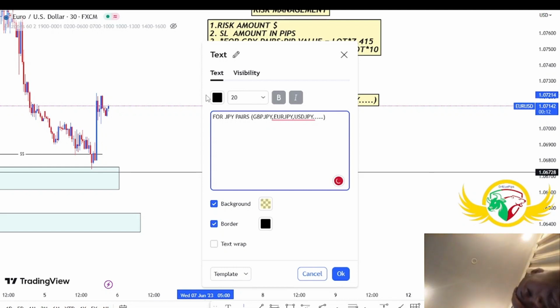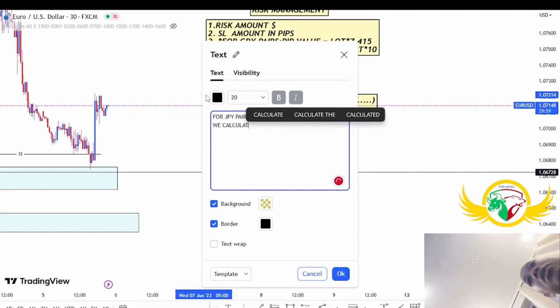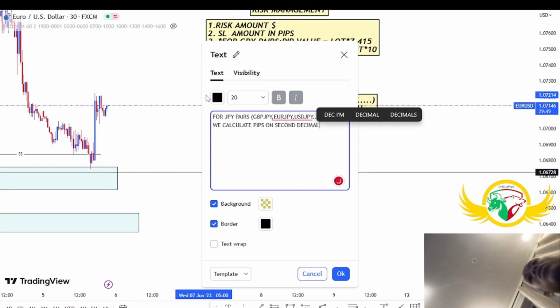It is different from other pairs because this one normally has 2 decimal numbers. So we calculate on the second decimal number.